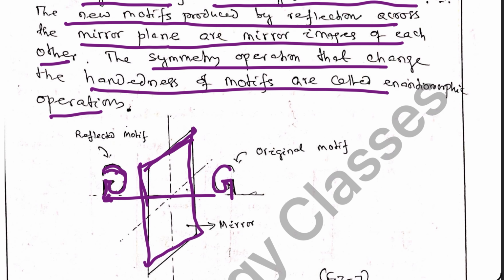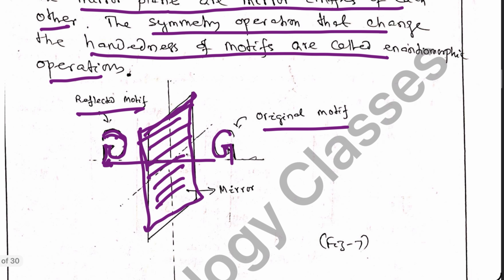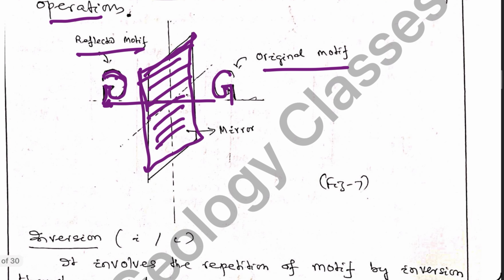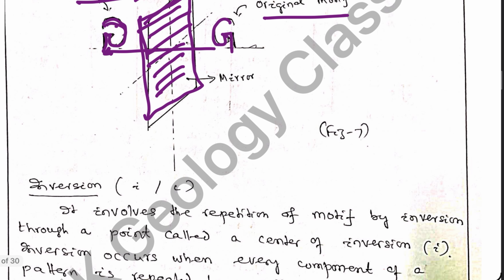They are the mirror image at the same distance. So this is the original motif, this is the reflected motif, and we have a mirror plane in between them. So if the atoms are arranged in this fashion so that one is the mirror image of the other, in that case we say the crystal is possessing a plane of symmetry.